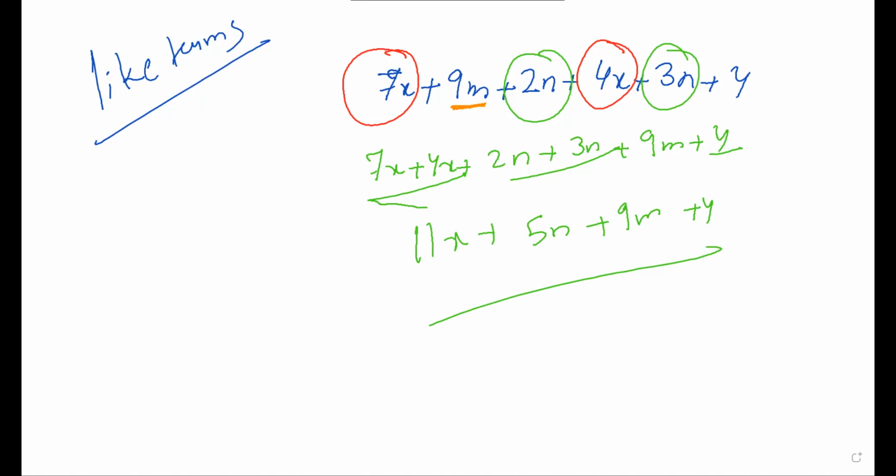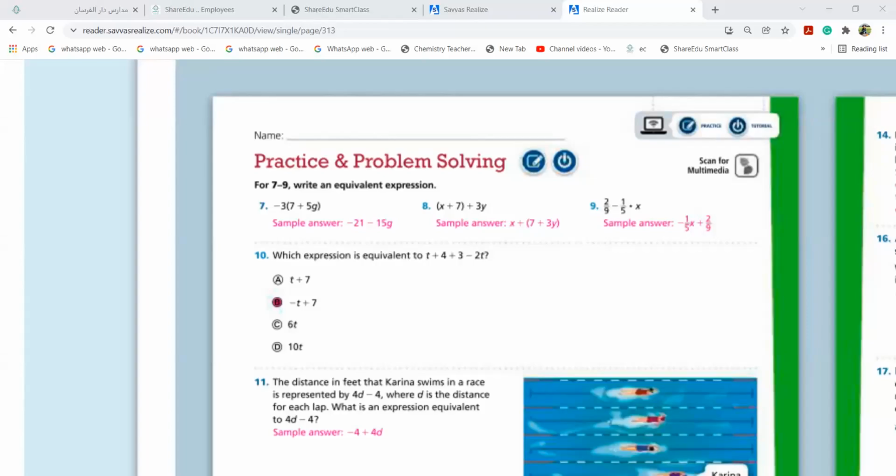So with this, I have a question here. Same like that. We have a question here. Look at it. T plus 4 plus 3 minus 2t.